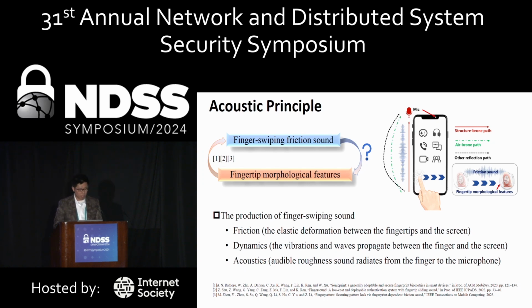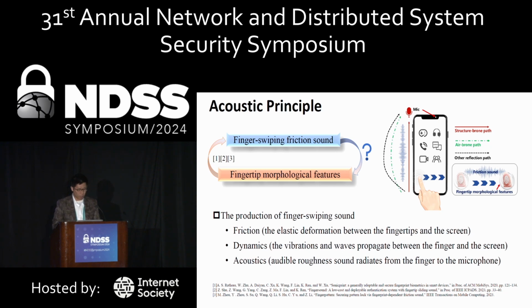Existing studies have already shown the uniqueness of the finger swiping friction sound, which is influenced by an individual's fingerprint biometric characteristics. Our work builds on these explorations, using the finger swiping friction sound to infer fingerprint morphological features. The production of this roughness sound involves three essential factors related to our biometrics.